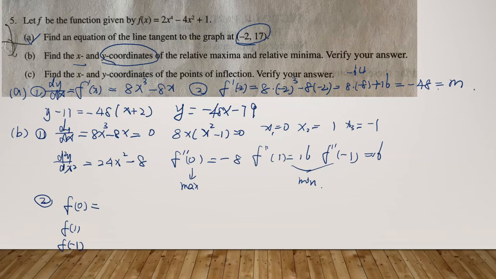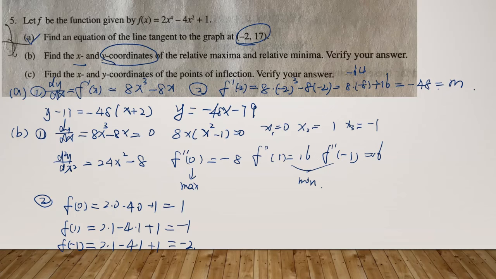f of 0 equals 2 times 0 minus 4 times 0 plus 1, so it is 1. The second, 2 times 1 minus 4 times 1 plus 1 is -1. The third one, 2 times (-1) to the fourth is 2, minus 4 times 1 plus 1, still -1.